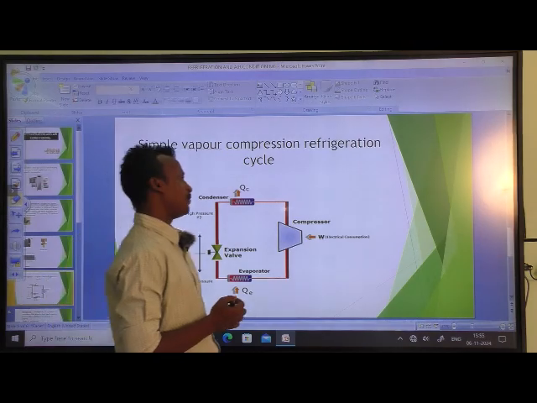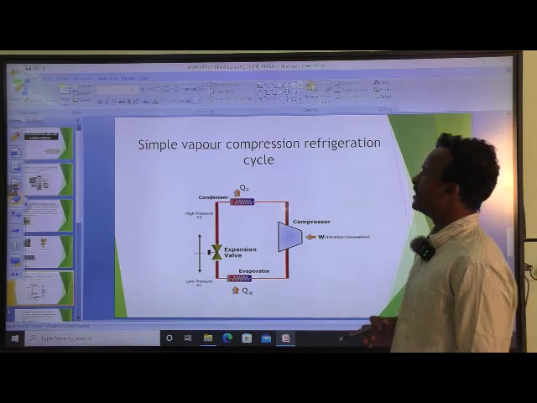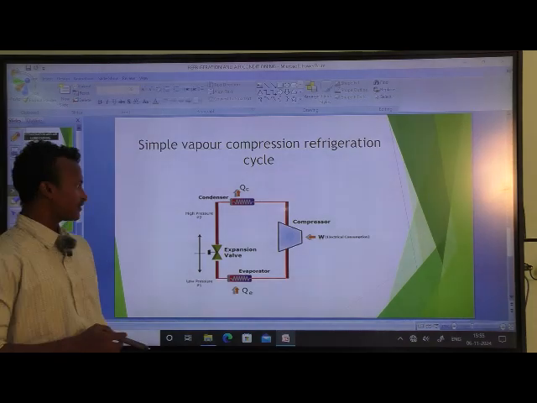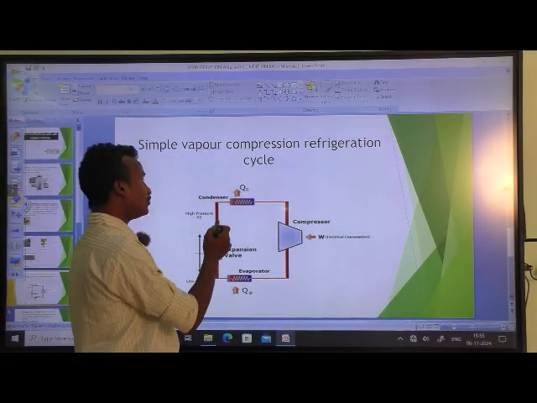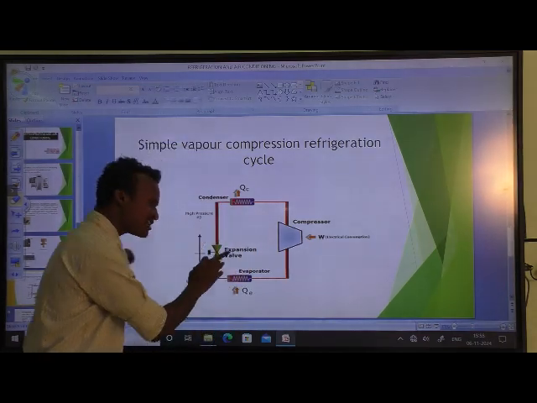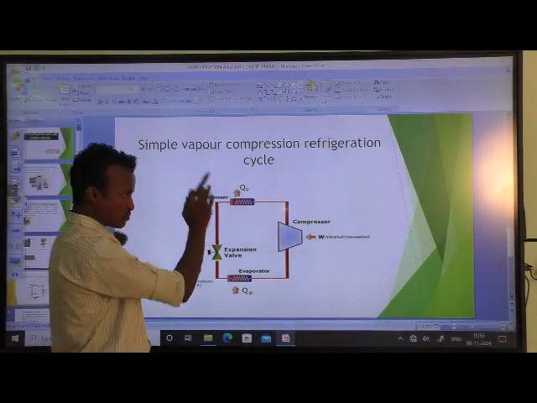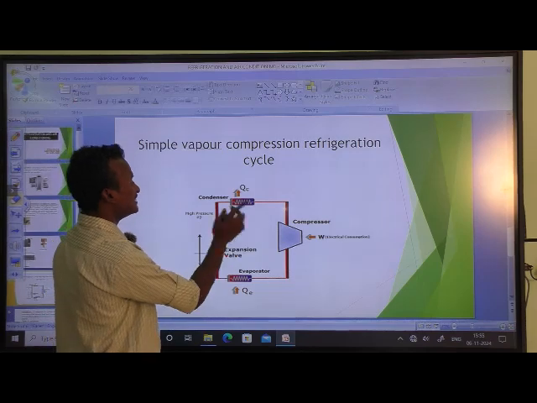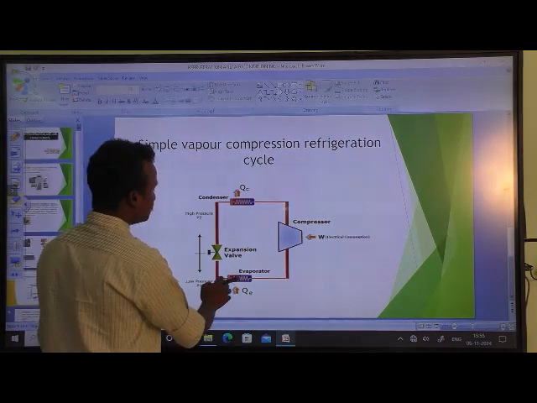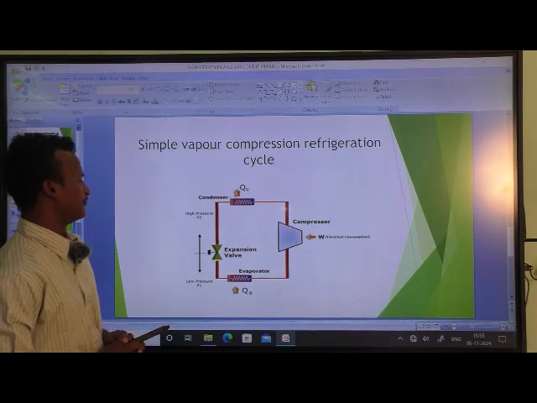Friends, now we will study how a simple vapor compression refrigeration system works. How? My dear students, as I told you, inside the simple vapor compression refrigeration system, a refrigerant flows through these components: compressor, condenser, expansion valve, and evaporator. So let's take an example.